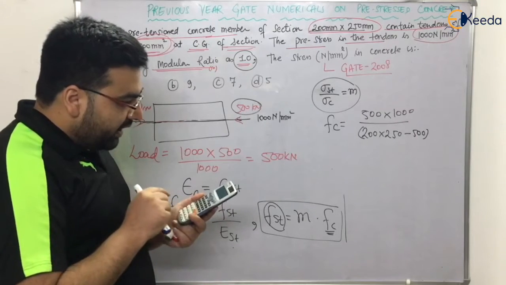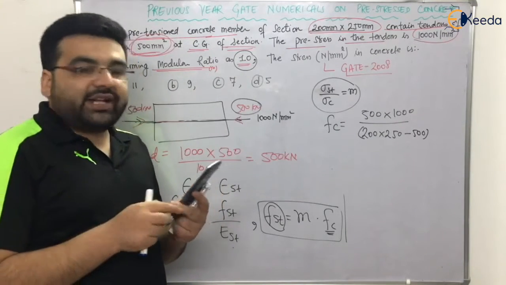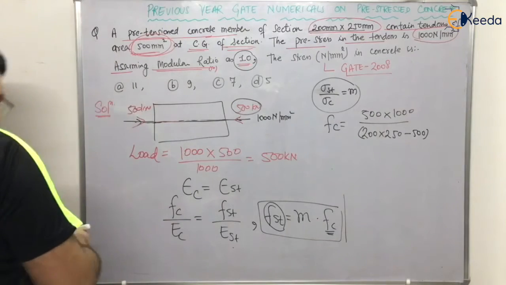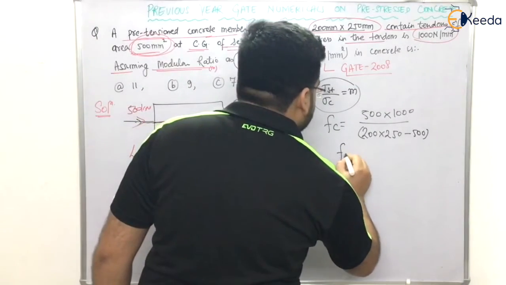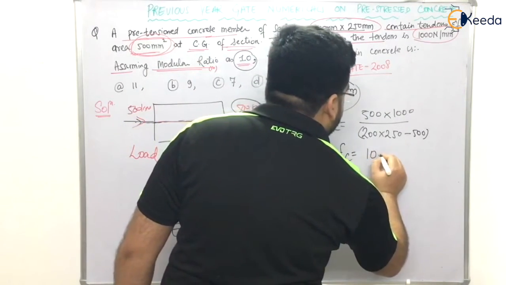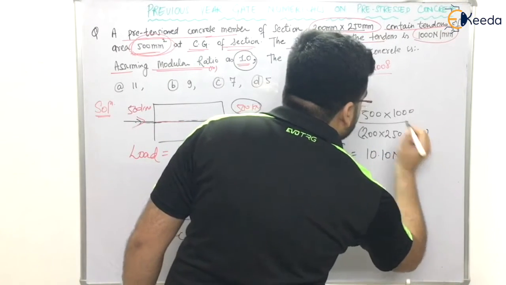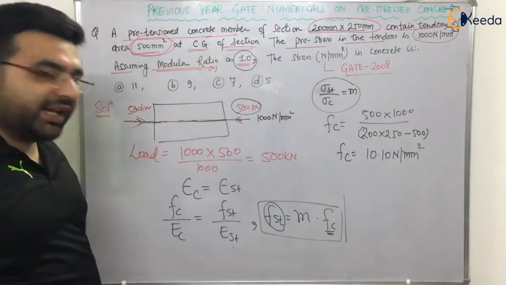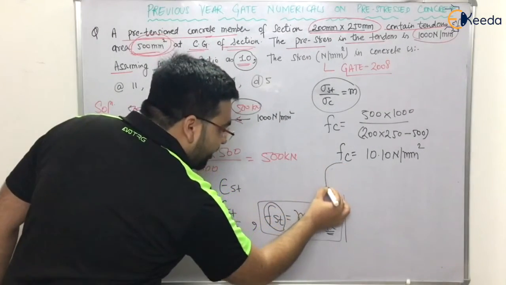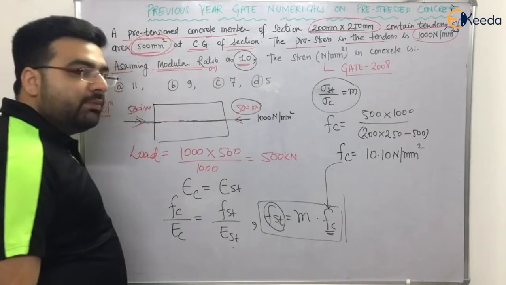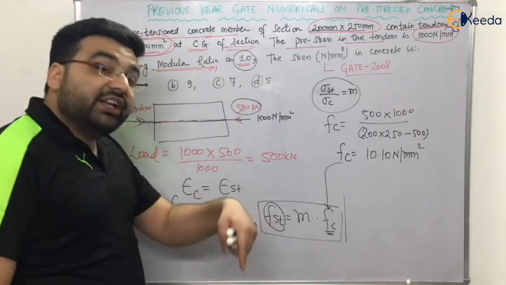It comes out to be 10.10, right? The stress in concrete comes out to be 10.10 Newton per mm square. Clear? Now let me put this value in this formula and get the stress in steel, right?